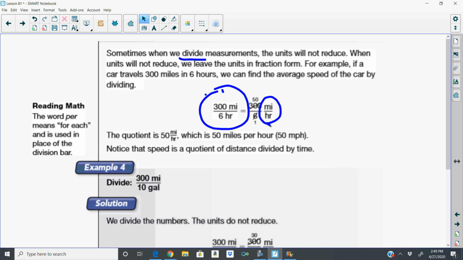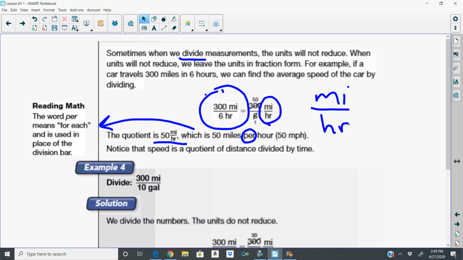They're different. So the quotient is 50 miles divided by hours, which is miles per hour. Look over here. The word per means for each, and is used in place of the division bar. So miles per hour is what that stands for, okay?